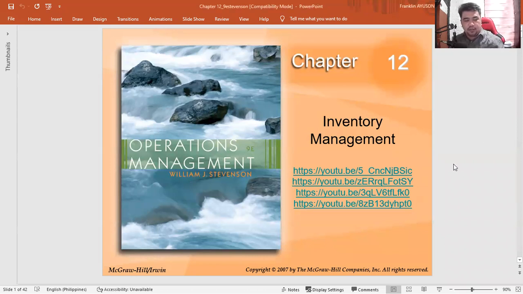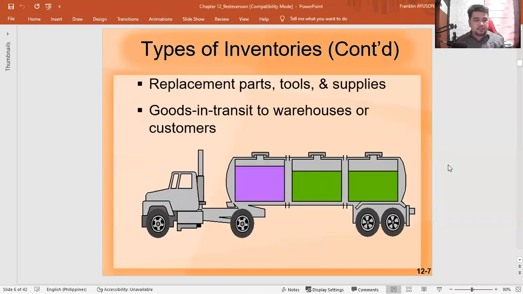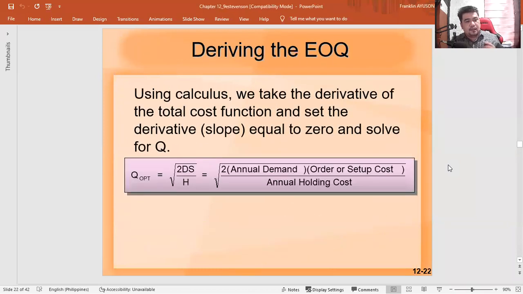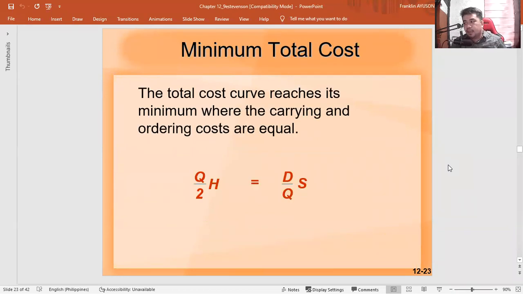So moving forward, we have discussed previously, as part of our last topic, deriving EOQ. This time, we want to move forward with our discussion. All of that is intended to achieve minimum total cost.